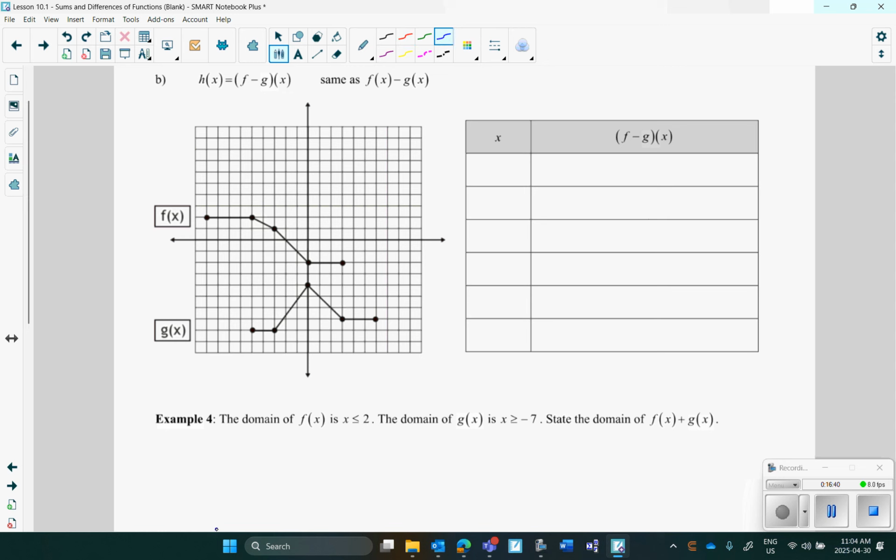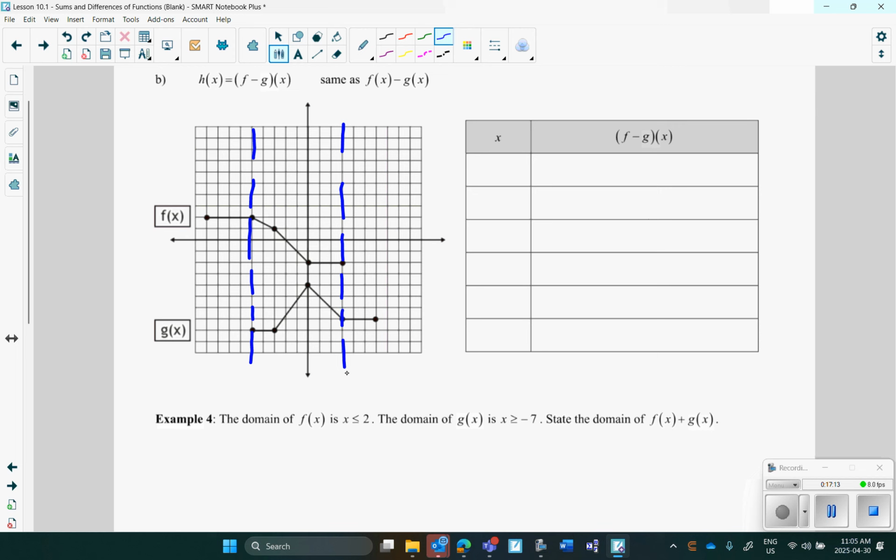Well, this doesn't exist on g of x, but this does. g of x starts here, right? So I've got to start my points there. g of x goes all the way out here, but f of x doesn't. f of x and g of x only go to here before one of them stops. So I have to do all the points between them only.